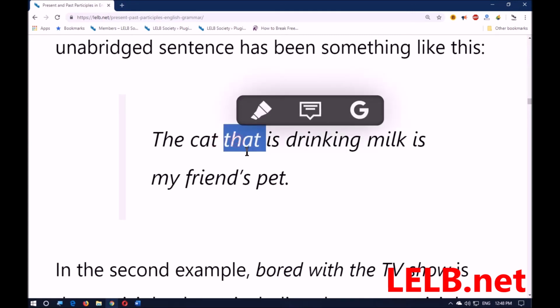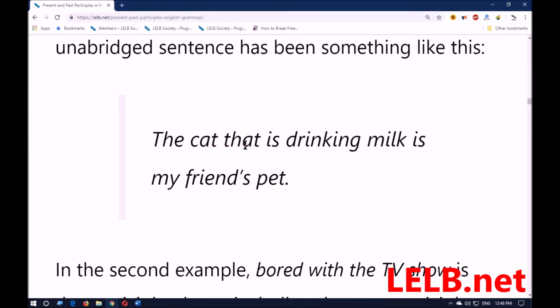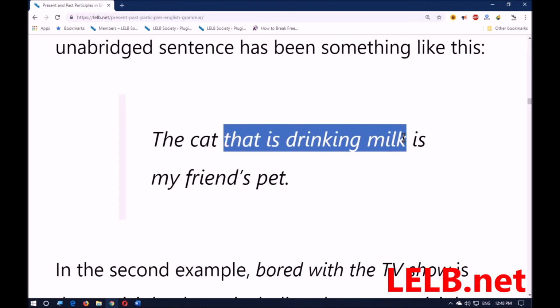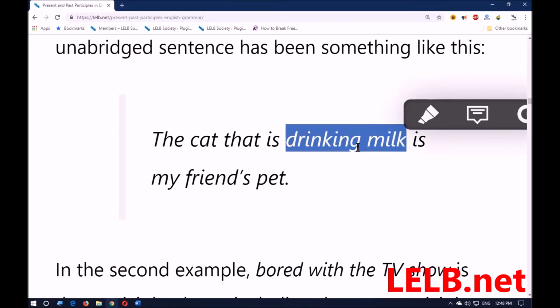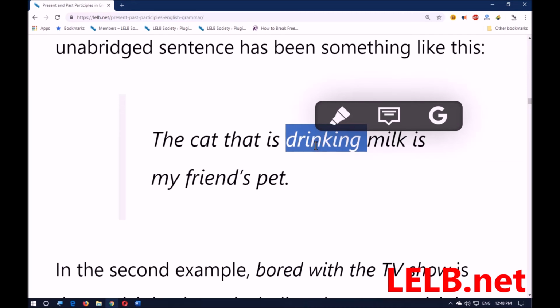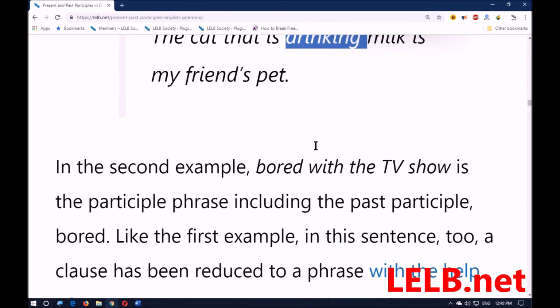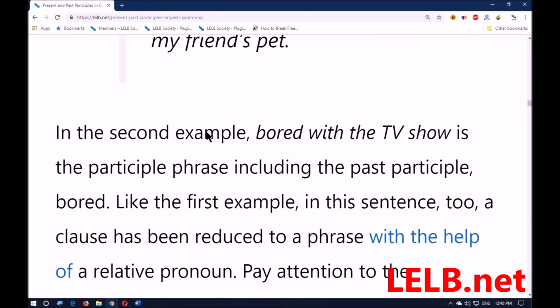Pay attention, that is a relative pronoun, and that is drinking milk actually changes to drinking milk. So the cat drinking milk, and drinking milk is the participle phrase, and drinking is the present participle as an adjective.